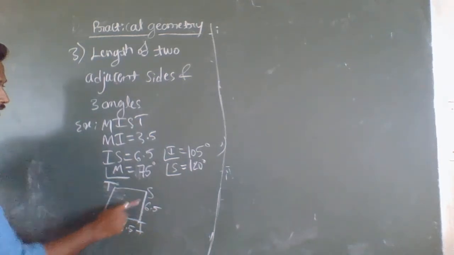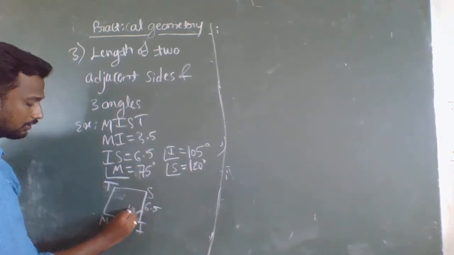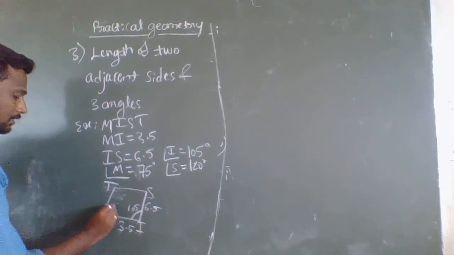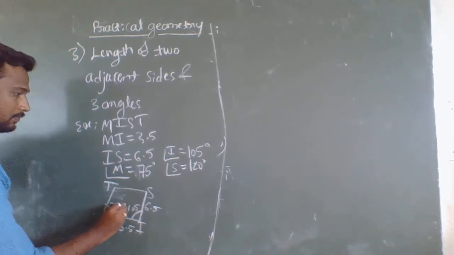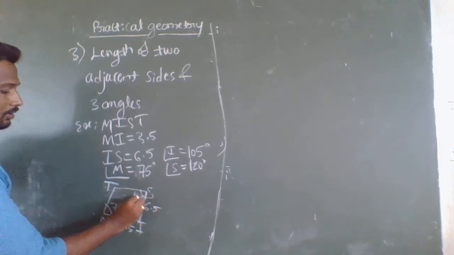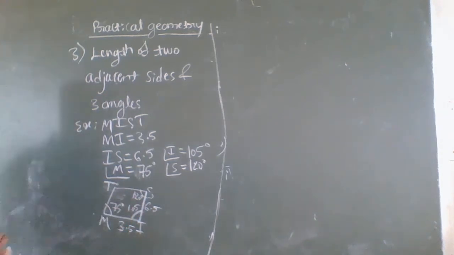Angle I is 105 degrees. Angle M is 75 degrees. Angle S is 120 degrees. So by using this rough diagram, I will try to draw the quadrilateral. Here they are given two adjacent sides and three angles.